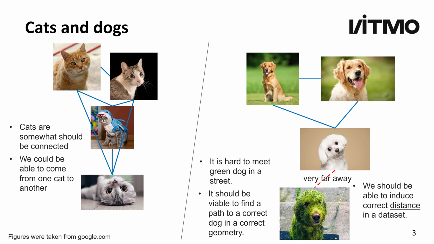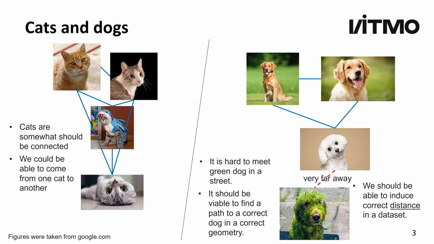This means that the space of dogs and the space of cats is not quite Euclidean. We should be able to say that dogs are close in some other metric.